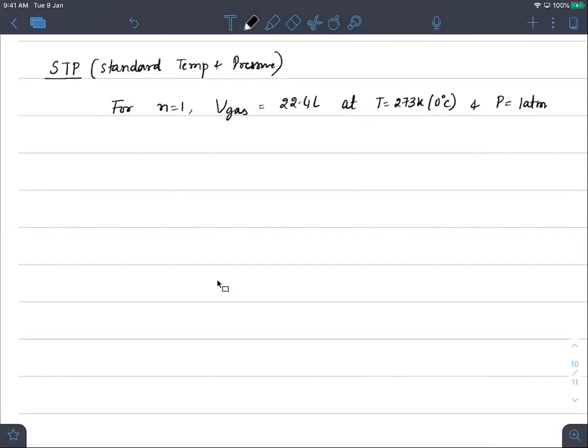The way to think is like this. Imagine I have a balloon, a completely flat balloon. Then I injected 1 mole of gas into it. Outside pressure, I'm maintaining as 1 atm. Temperature also I'm maintaining as 0 degree centigrade.